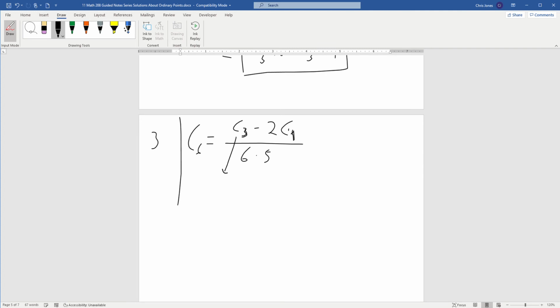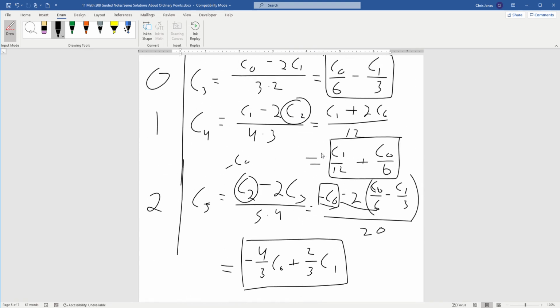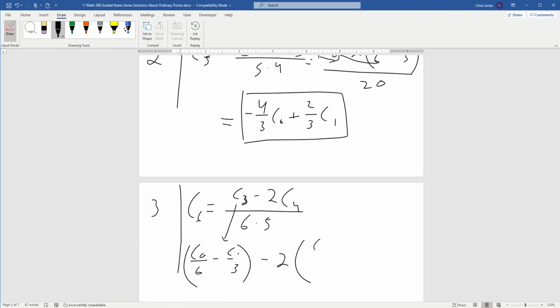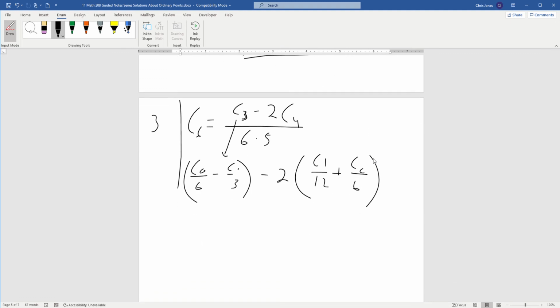So that's C naught over 6 minus C1 over 3, minus 2 of C4. And C4, if we go back here, is C1 over 12 plus C naught over 6. And that's still all over 30.